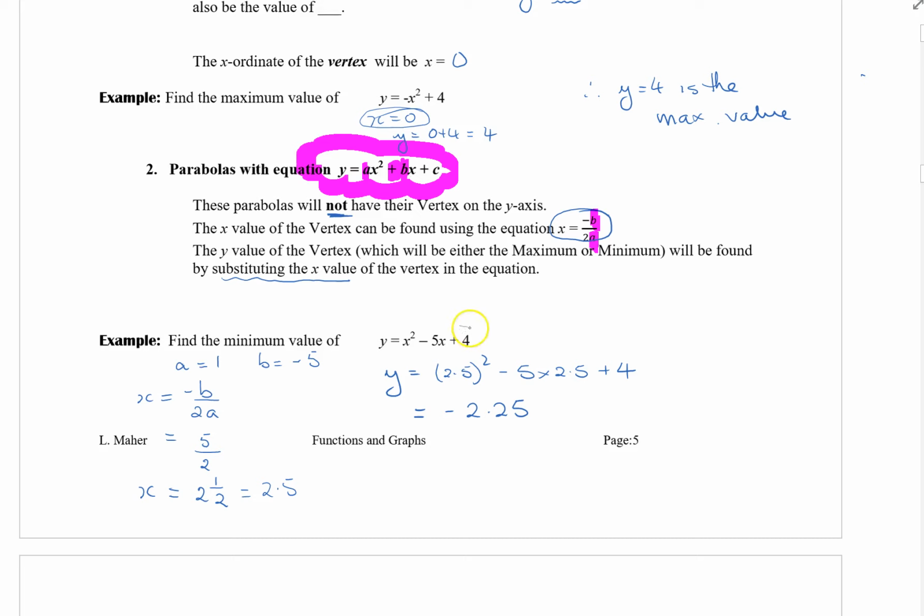Now, we know that to graph this, because the value in front of the x squared is positive, it looks like that. Obviously, it will have a minimum. Therefore, the minimum value is negative 2.25. You have to give the negative on that as well.